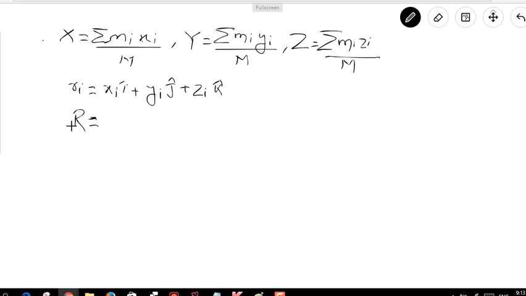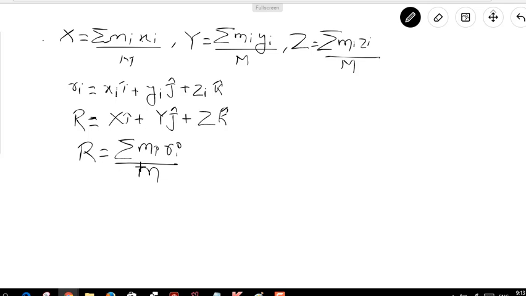So basically we are writing it in the form of capital X i cap plus capital Y j cap plus capital Z k cap. Then with this formula these three get combined into one, and this will look like sum of mi ri by M.